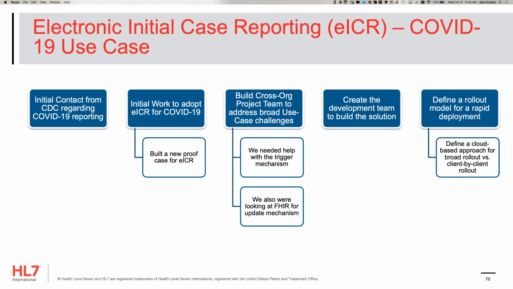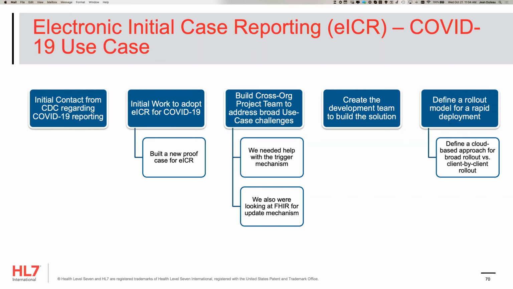We needed the team to do the submission, but we had all the specifics of what it needed to do. We also had the FHIR resources, so we were able to gather the exact resources we needed to build this cross-functional team to be able to build the completed solution.